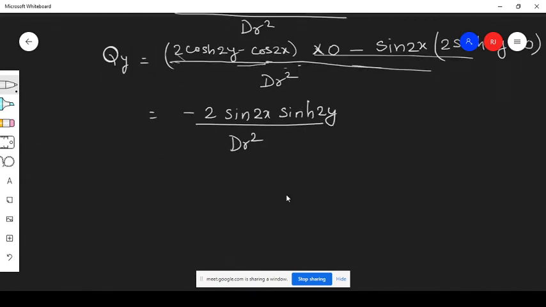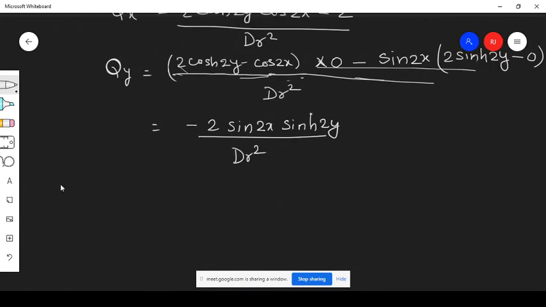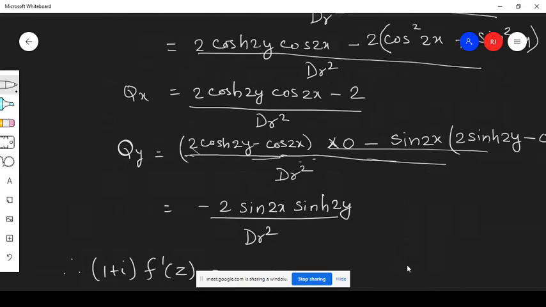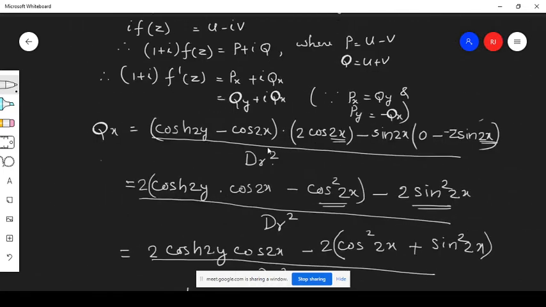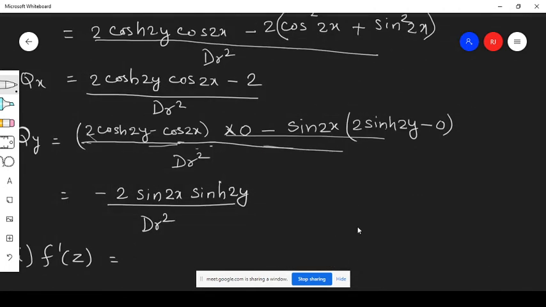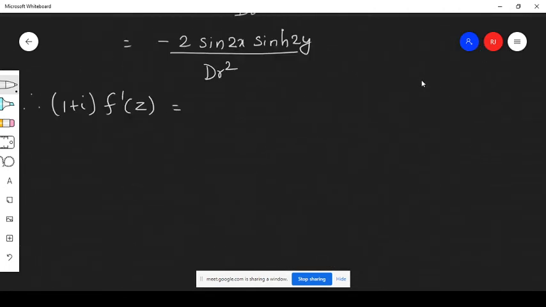Now, so that is qx and qy. Therefore, 1 plus i into f dash of z is equal to, as we have written at the top, qy plus i into qx. So that is equal to, you write qy. What was our qy?